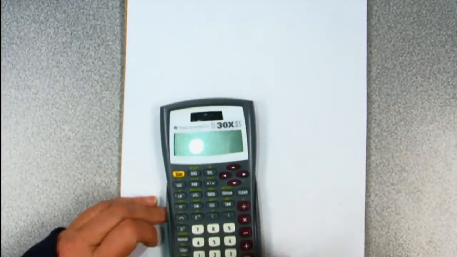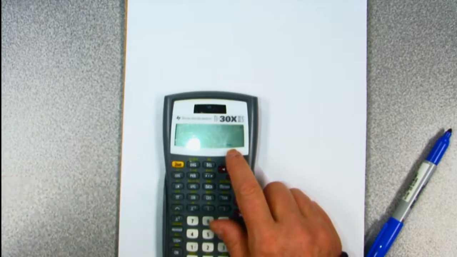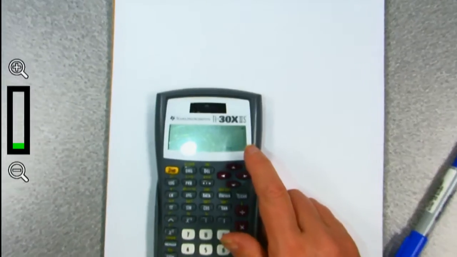So let's start defining some of the terms that we're going to have to deal with. This is where you have to be very, very cognizant of what your calculator is in. All right? Because if I go in here in my calculator, now this one, I'm going to scroll in here.